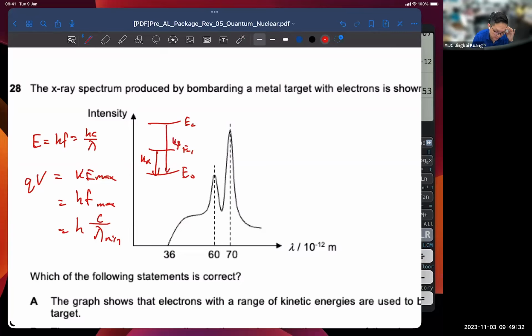Then if I draw one more energy level above for you, so that I can have more drops, any level dropping to the ground state is a K line. Then you have the next step, which is not that hard to remember, but I wouldn't say it's important. Anything dropping to the second lowest energy level, those are your L lines. This is your L alpha, this is your L beta lines.